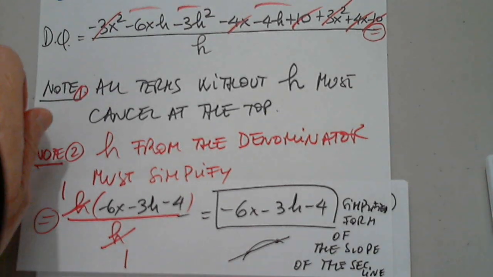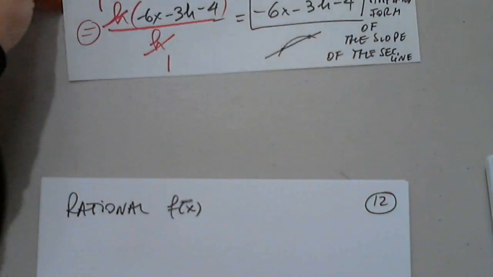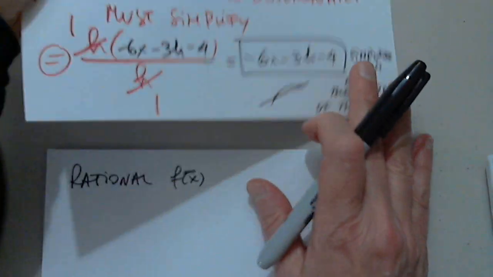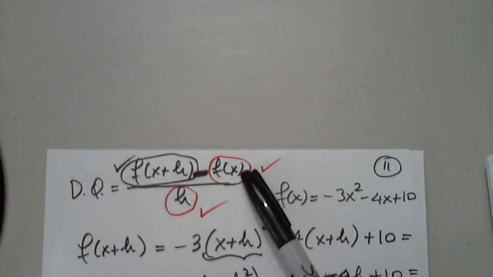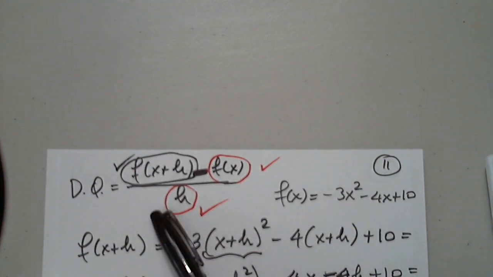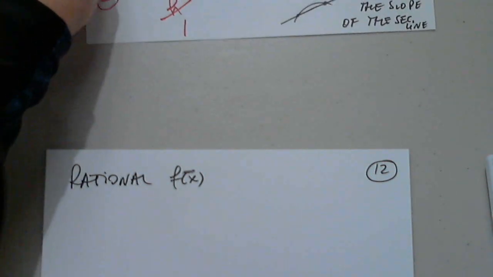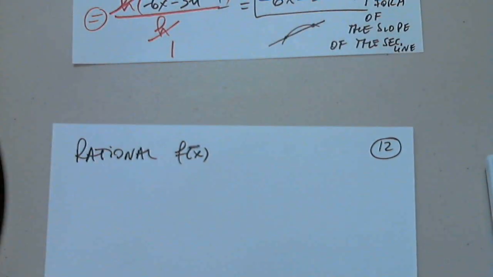Other questions? So you said that that's a slope there, correct? I'm saying it's the simplified. Yeah, this is y2 minus y1 over x2 minus x1. This is a slope. And this is the simplified form of the slope of the secant line. Could you put that into a slope form there? Format like the slope is a number.